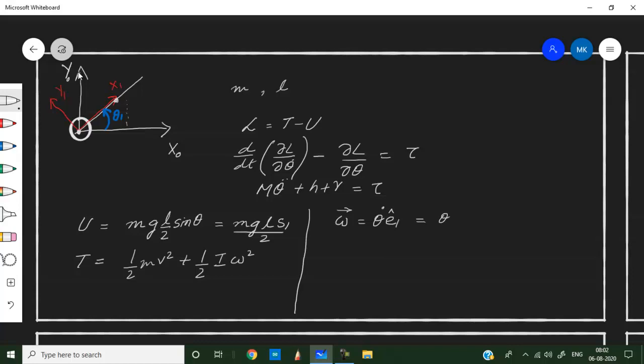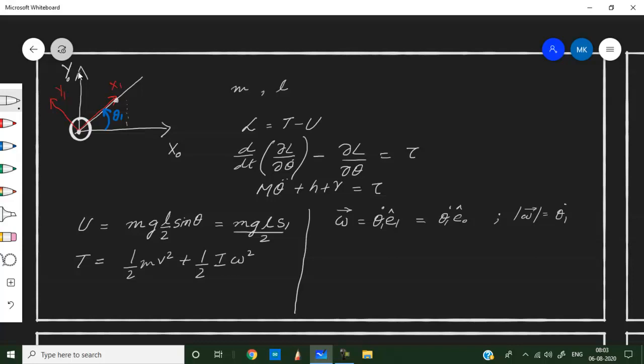So we can also write it as theta dot, or theta 1 dot E0, which is the same as this, because z1 and z0 are the same for this case. And the magnitude of this angular velocity will be nothing but theta 1 dot, which we actually require in this case.